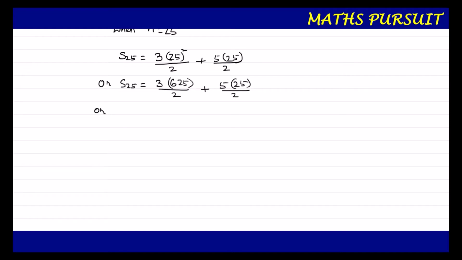Or I can write S25 is equal to 3 5s are 15, 3 2s are 6 plus 1 is 7, and 3 6s are 18, so 1875 upon 2 plus 25 5s are 125 upon 2, or S25 is equal to 2000 upon 2, or S25 is equal to 1000.